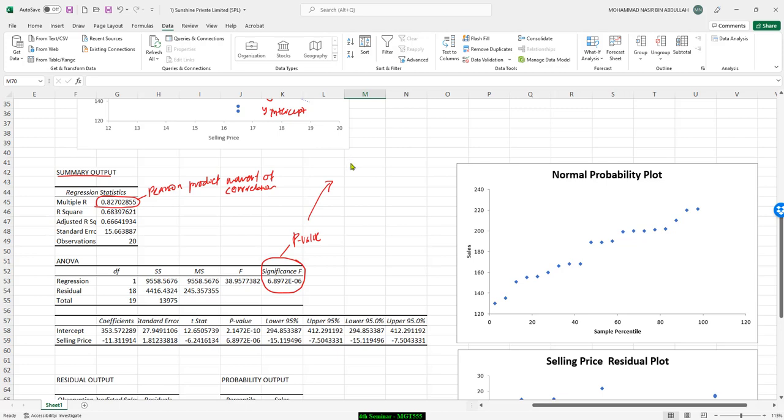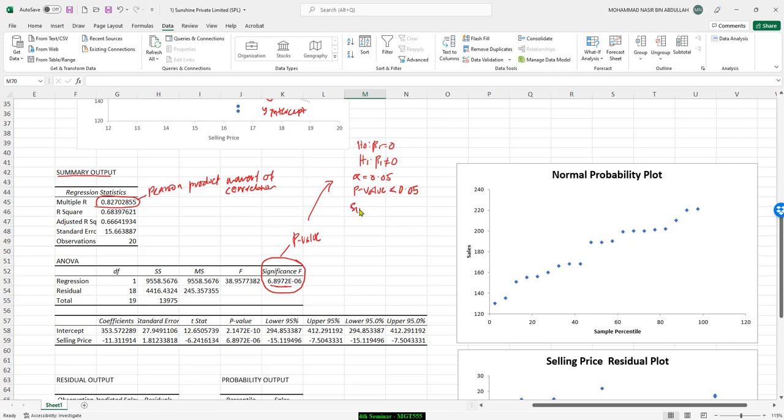Maksudnya valid for prediction ataupun tak valid untuk prediction. So null hypothesis beta 1 equal to 0. Alternative hypothesis beta 1 is not equal to 0. So alpha is equal to 0.05. Remember the step, yeah? The p value here is very small, which is less than 0.05.